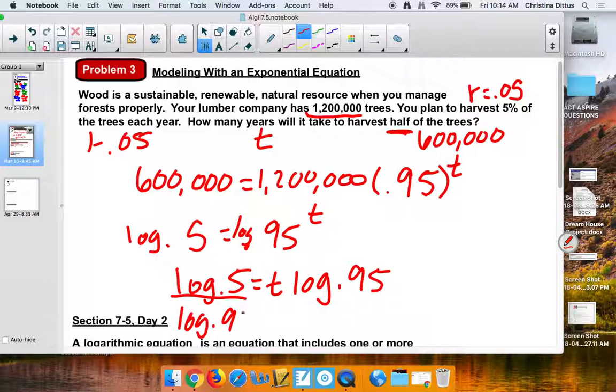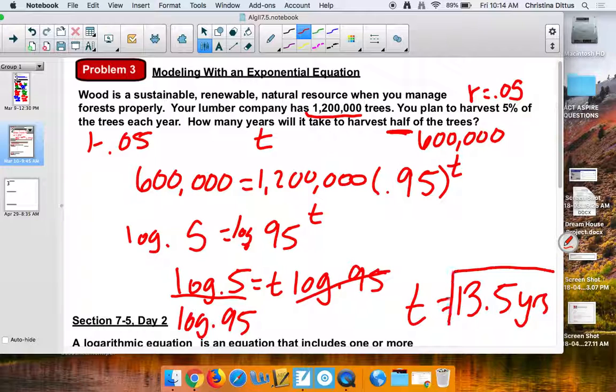Well, about how many years is it going to take? 13.5 years. So whenever you're looking for your exponent to get it down and solve, we use our logs. Questions?